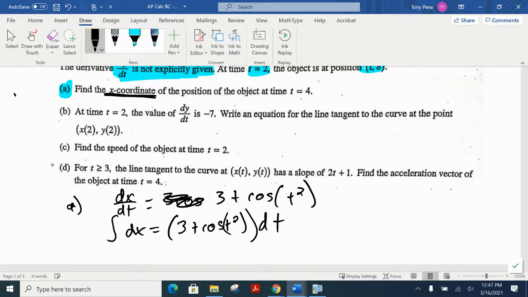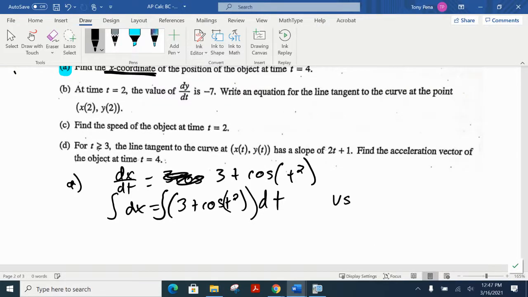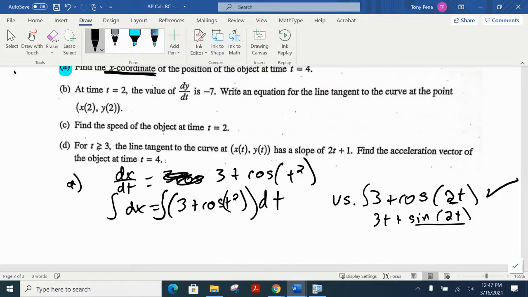The reason this is calculator is because if I ask you for the antiderivative of this, please, please, please, actually, let me show you when we could do this. If I gave you this expression here and I ask you for the antiderivative, then this would be 3t plus the sine of 2t. And then remember how we would divide by this coefficient?